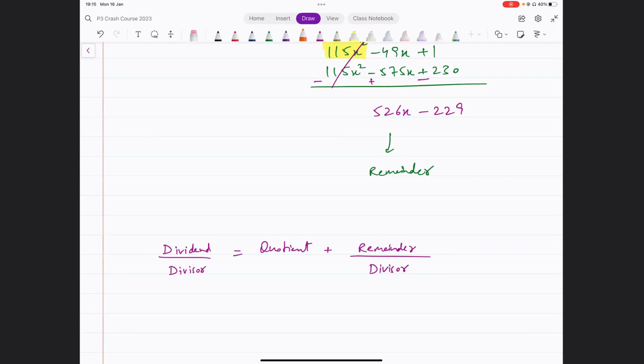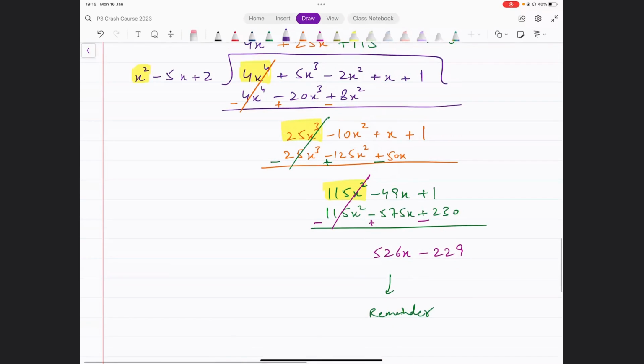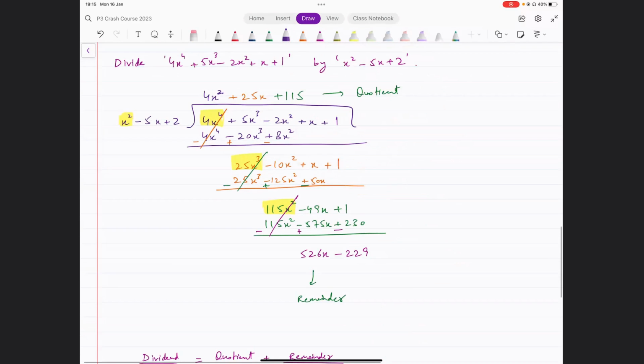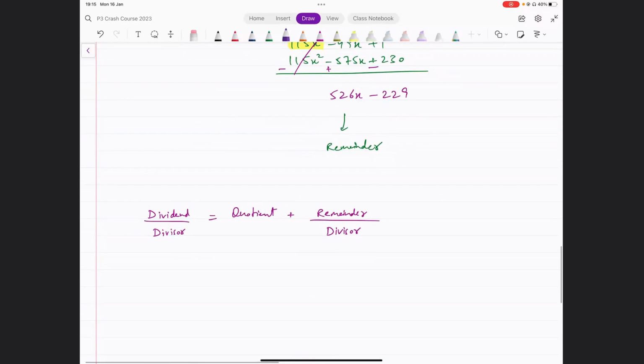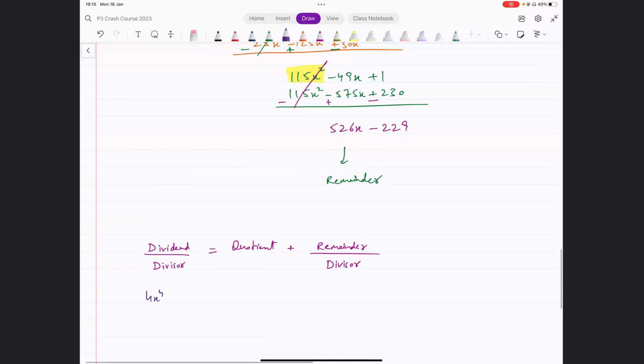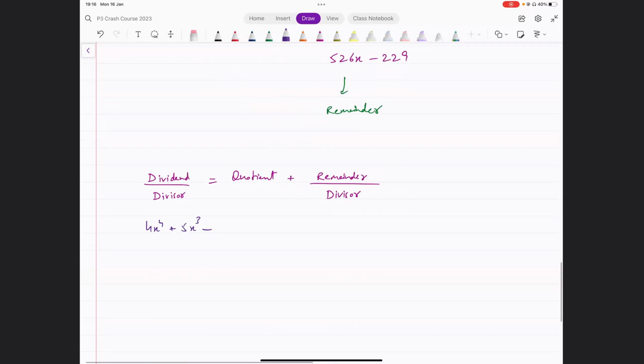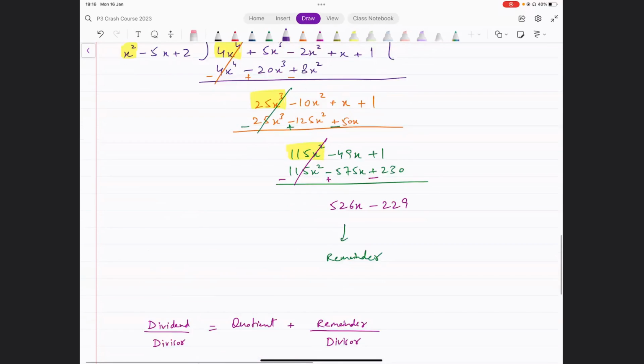So in this case, if we wanted, we don't always have to do this, but sometimes you need to use this particular thing. So you need to understand how to write these things using this identity. Dividend here is 4x raised to the power 4 plus 5x cubed minus 2x squared plus x plus 1. This is the dividend. You were dividing this by x squared minus 5x plus 2.